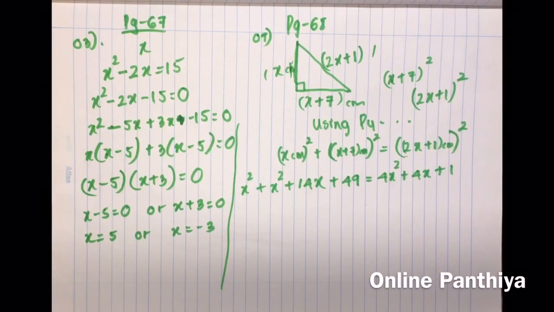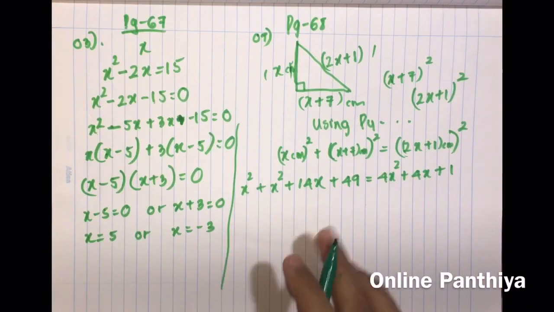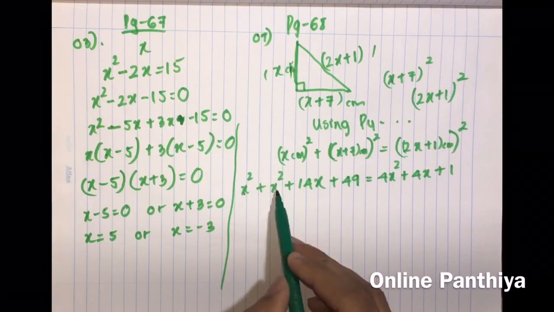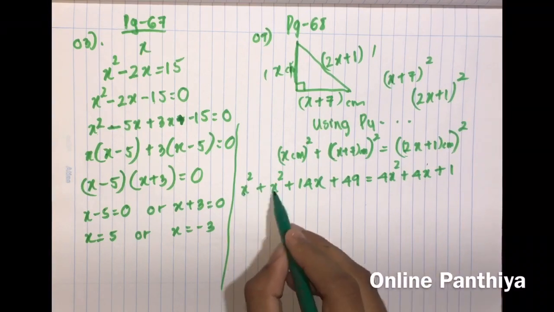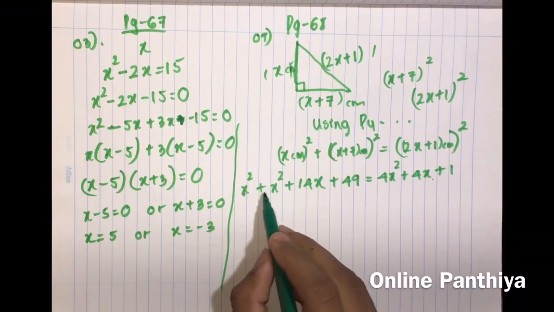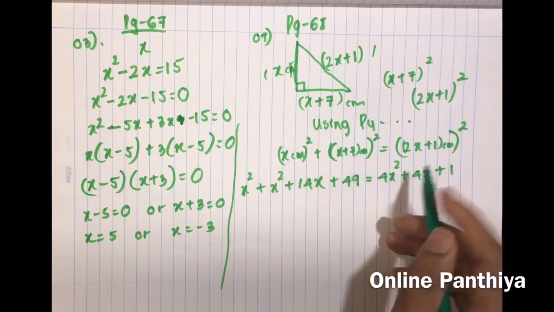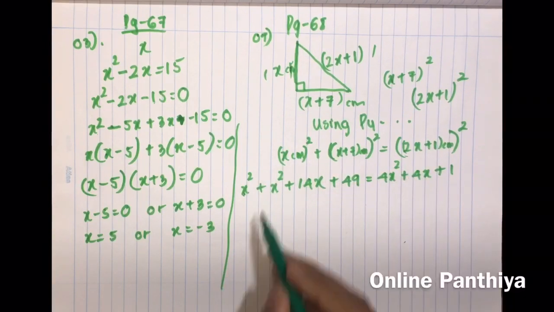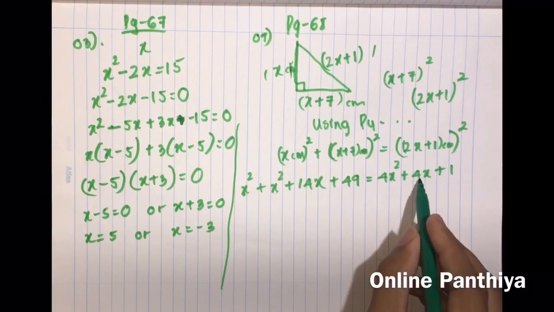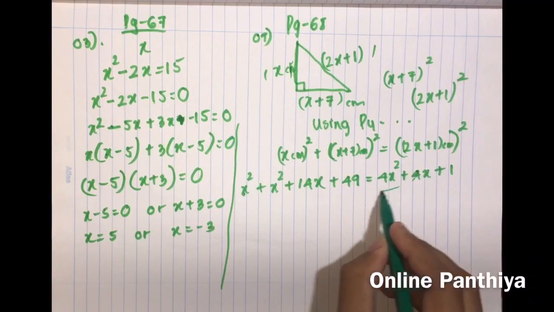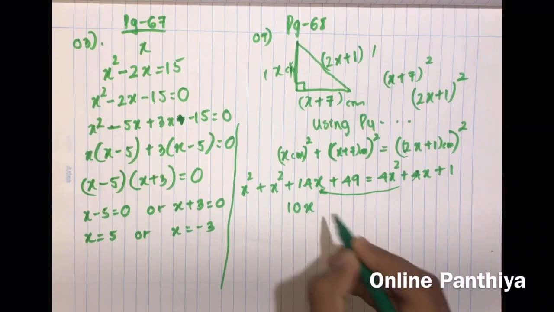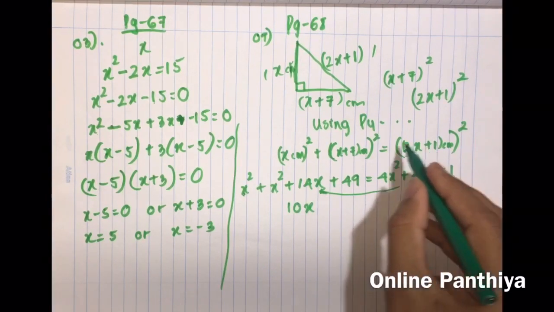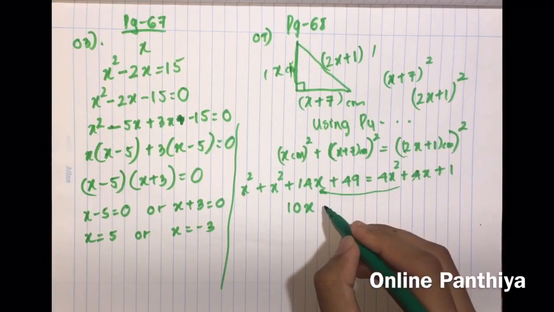Now you can solve the like terms and unlike terms first. When you add x squared and x squared you get 2x squared; taking it to the other side, it will get subtracted. And this 4x, if you take it to this side, it will get subtracted from this 14x. So you have 10x, and plus 1, if you take it to this side, you get minus 1.